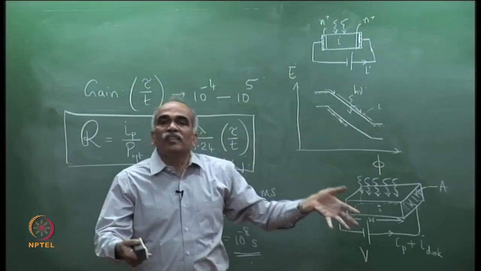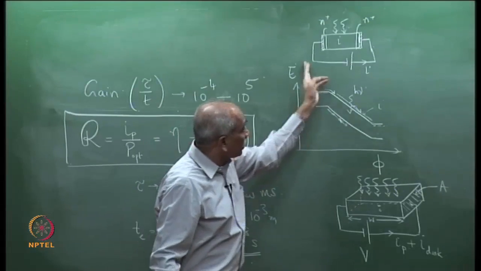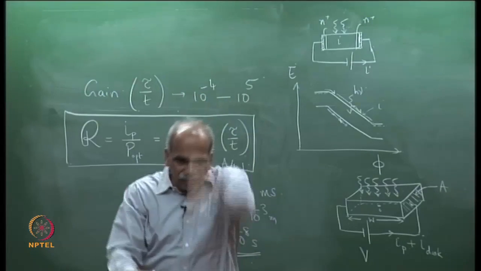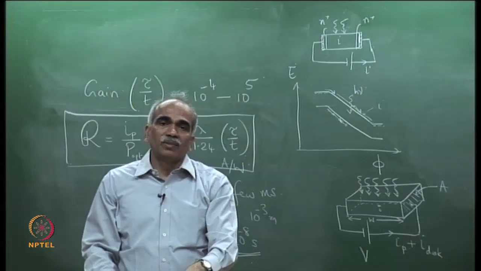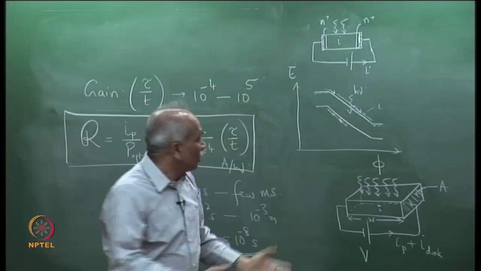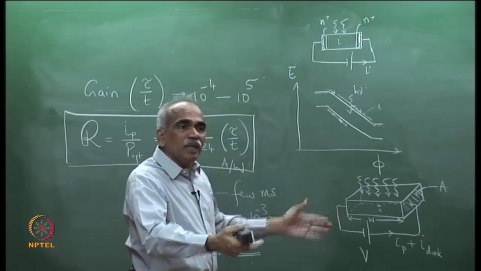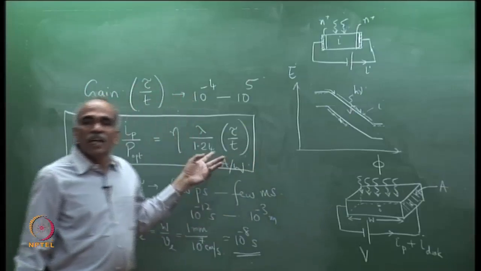And this is why there is a persistent current in the external circuit for a long time, although you had just put one photon which has made one carrier. So, the current flows for a longer period in the external circuit, and that is the gain.